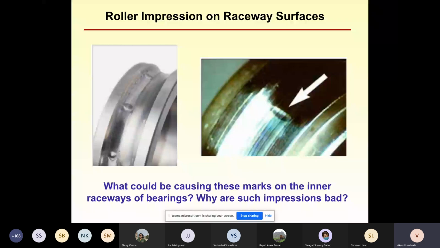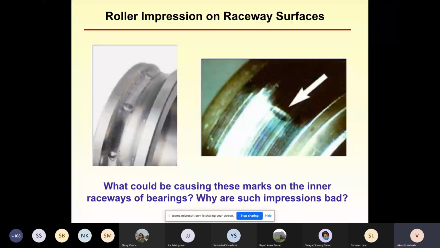If you take a BLDC motor, for example, in a geared system, let's say something like a three-wheeler, in that particular case outer is fixed and inner is rotating. But in a BLDC hub motor, or any automobile wheel, the inner raceway is not always rotating.